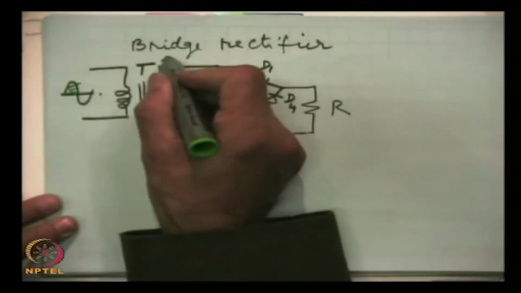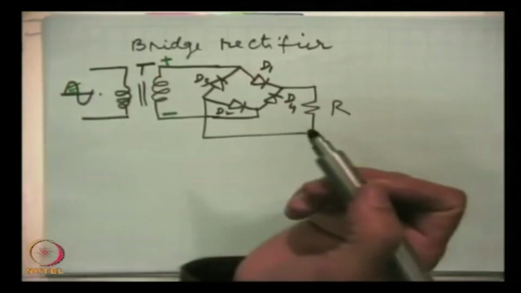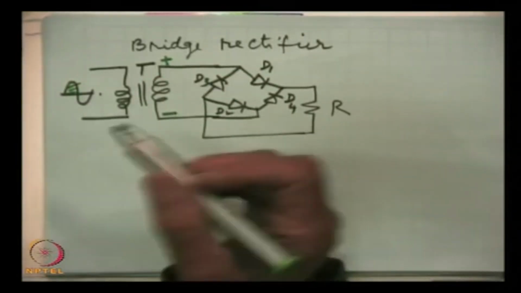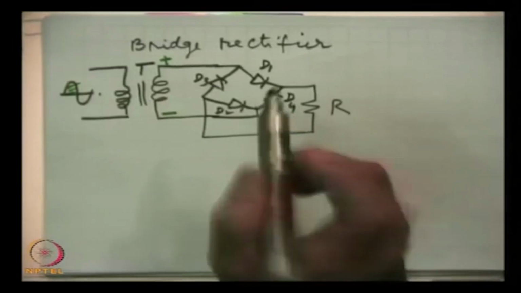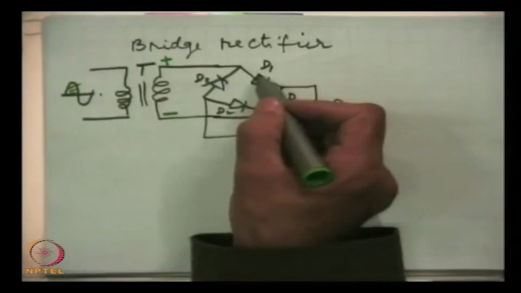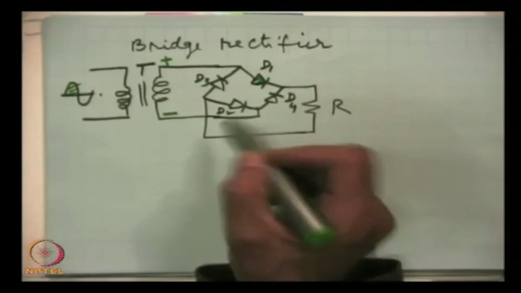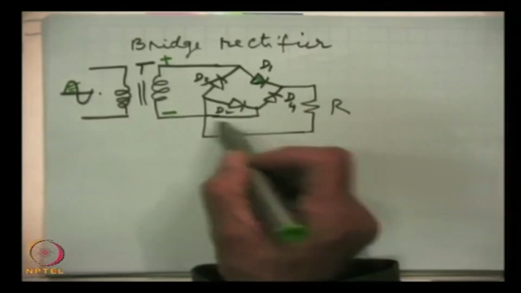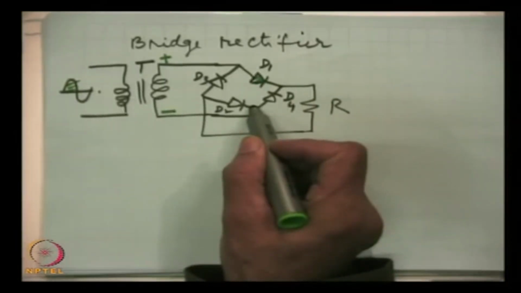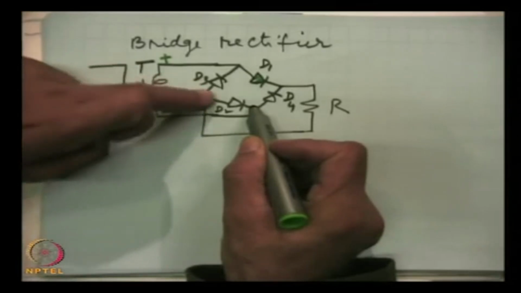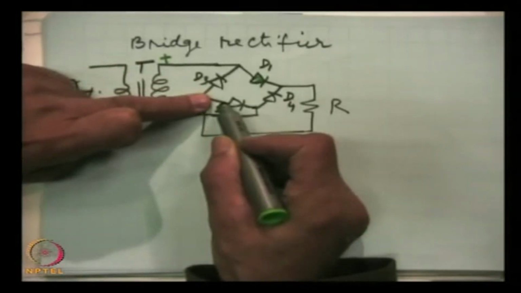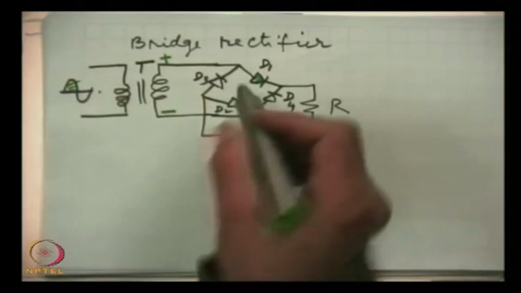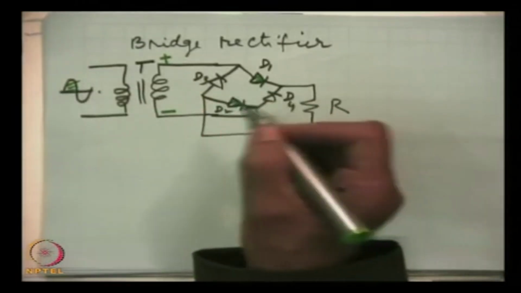This will be positive, this will be negative. Now in this case, two diodes will conduct. This becomes forward biased, and this terminal is connected to negative, one and the same thing. That means this side is still at higher potential than this, so this also becomes forward biased.